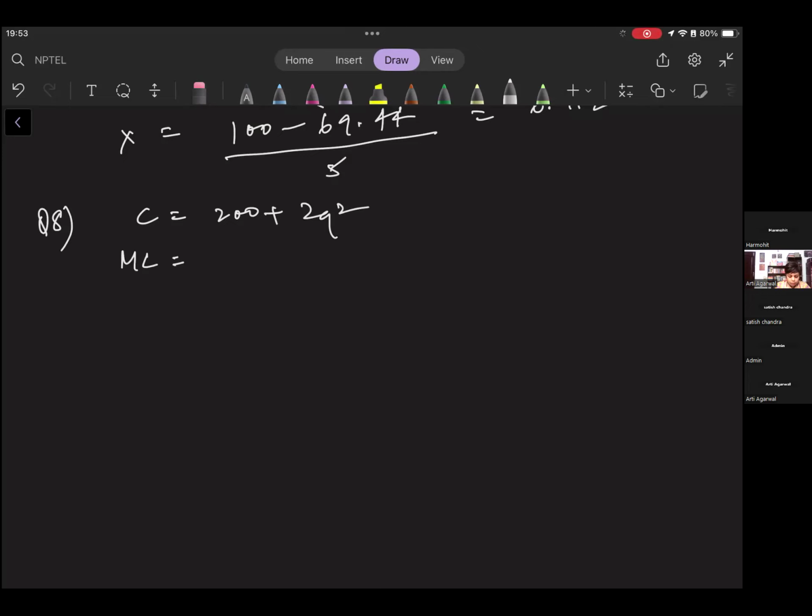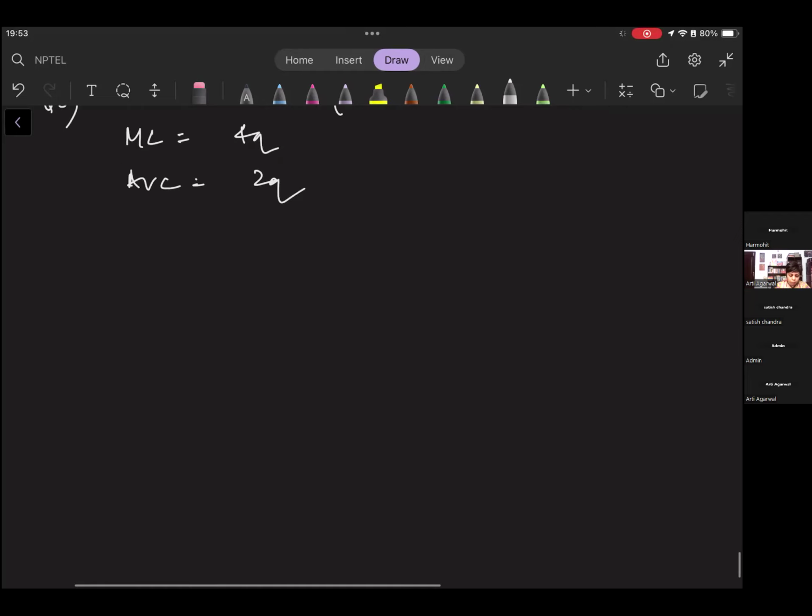So we already did this. I'm just writing it, doing it a bit quickly because I think we've gone over these concepts a lot of times. So marginal cost is equal to average variable cost only at Q equal to 0.